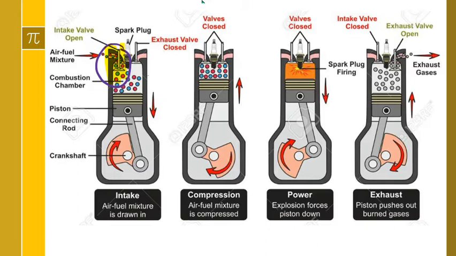You hit the top of your compression stroke. Then you come to your power stroke, also with the valves closed. After you're done your power stroke, you've got to get rid of your exhaust gases, so you open the exhaust valve.